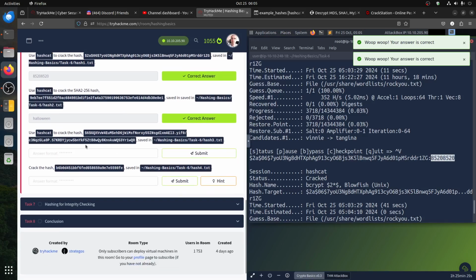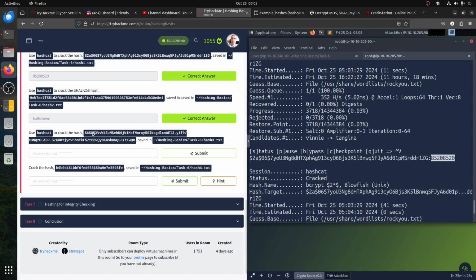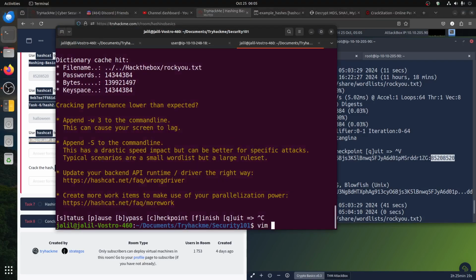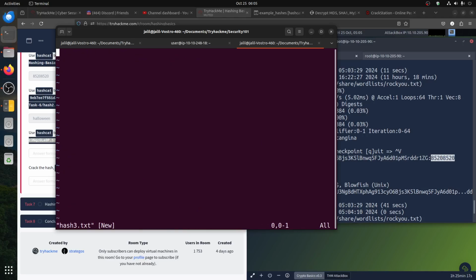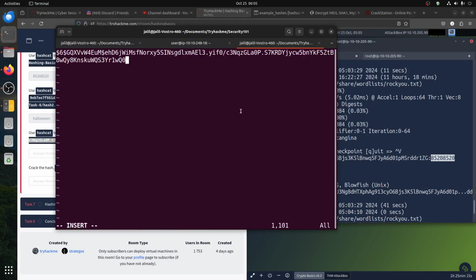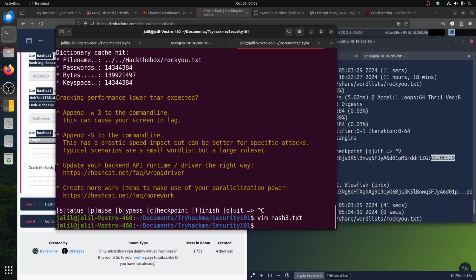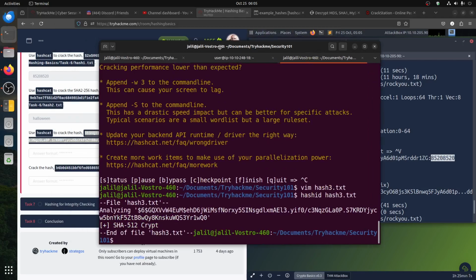The next one is use Hashcat to crack this one. Oh, this will take long. Let me use my computer for this. Vim hash3.txt. Let's use hashid on the file and see what it tells us. Okay, what does it say?